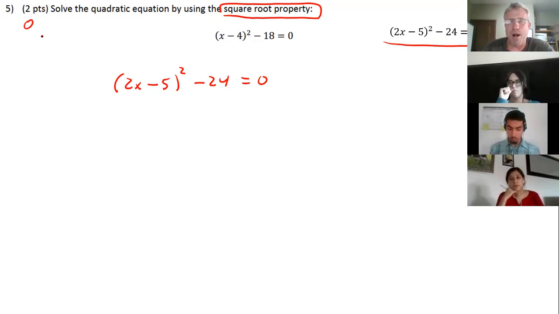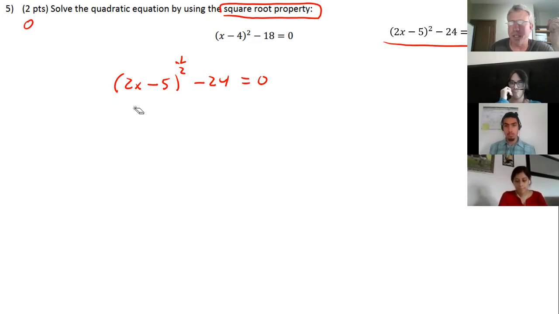So the square root property, you need to recognize when you can use it. The variable I want to solve for is only showing up in one place inside of something that's being squared, which means I'm going to be able to use the square root to dig it out. I don't need to multiply this whole thing out.